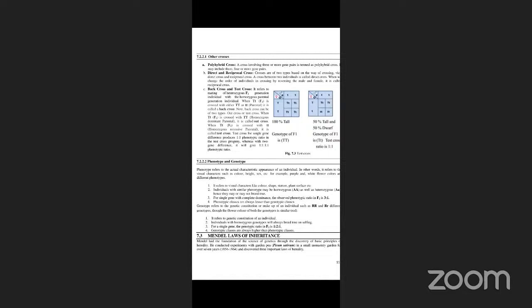The gene will be the same, but what combination of alleles it has, you don't know. That is called the phenotype.